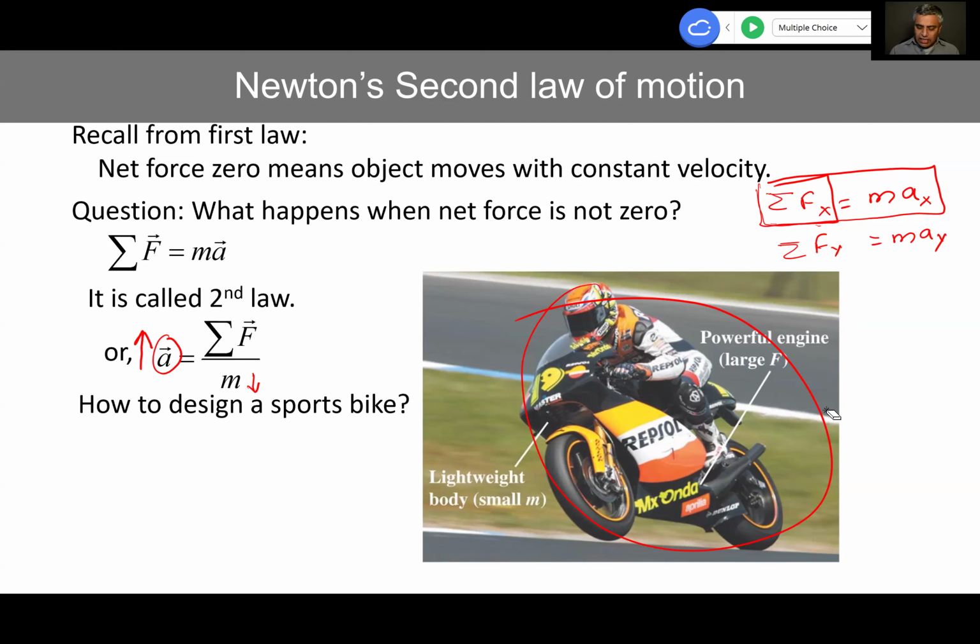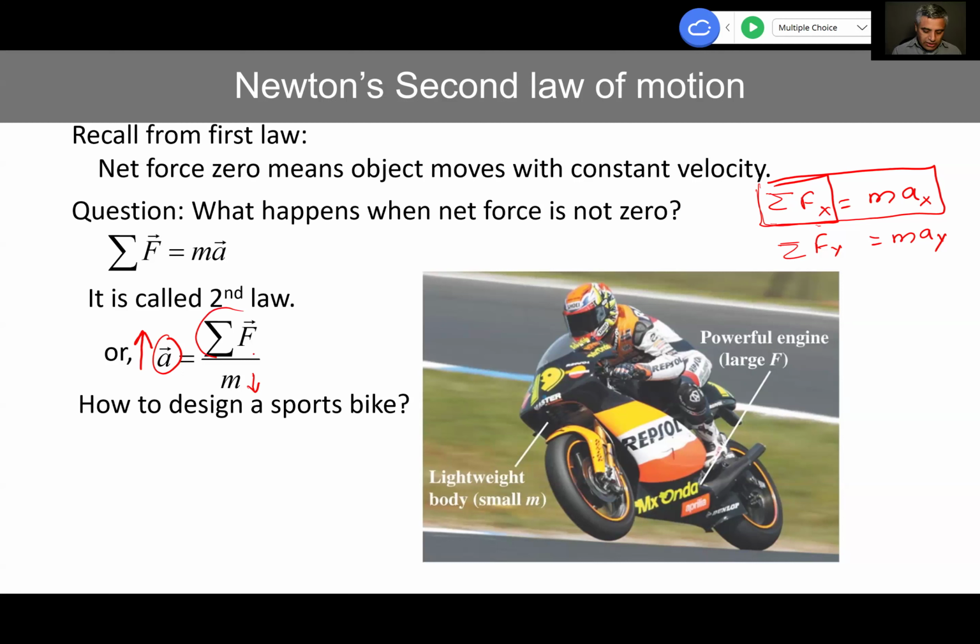Yes, we want the mass smaller. That's why back in the days when automobiles were built, most of the body was built from metals. Nowadays we use plastic and may use carbon fiber, which is stronger than plastic and lighter than metal, but more expensive, of course. So that's one factor.